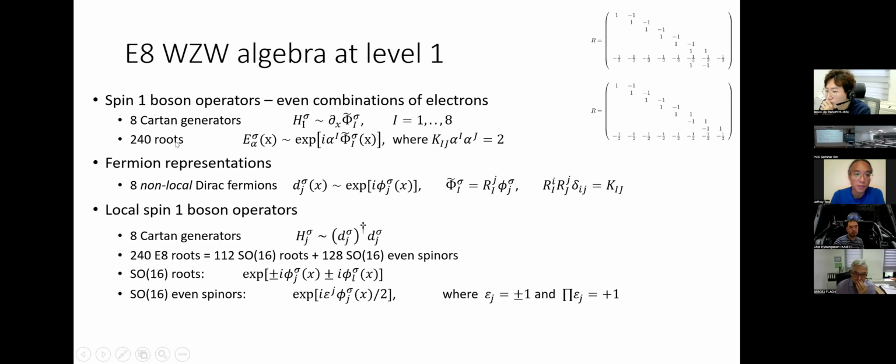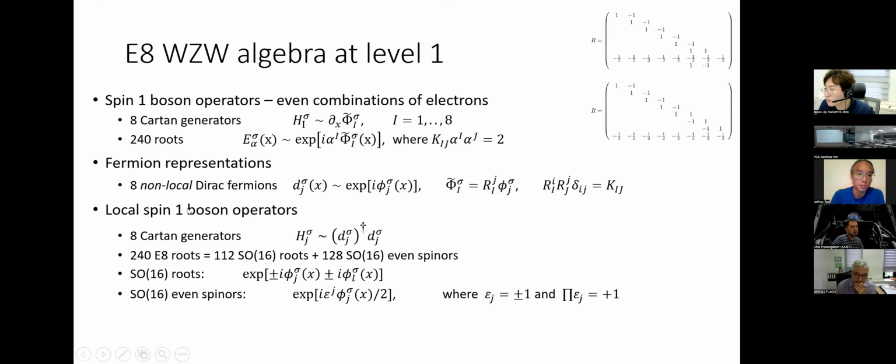And the other roots, the 240 roots of the E8, are basically combinations of the simple roots that are spin 1. So if you count them all, then you get 240 roots. So you have 240 operators that are combinations of the E8 simple roots that have spin equals 1.